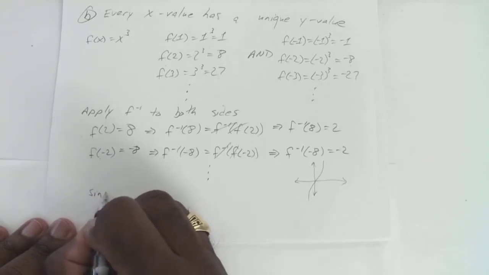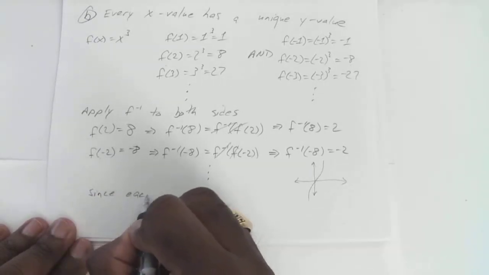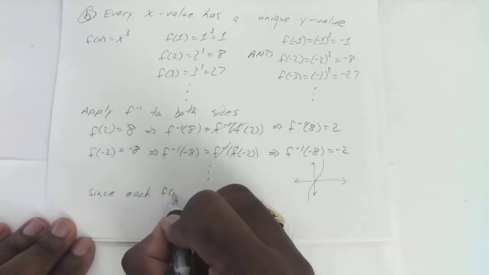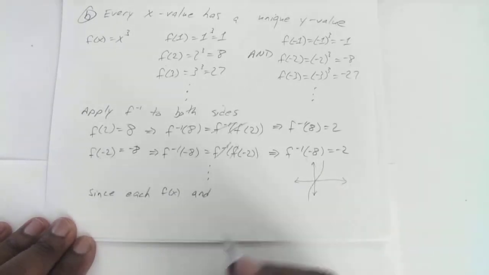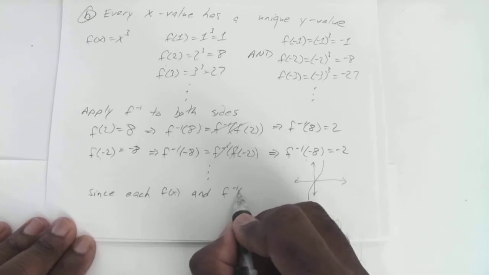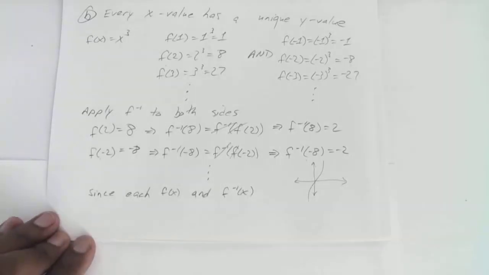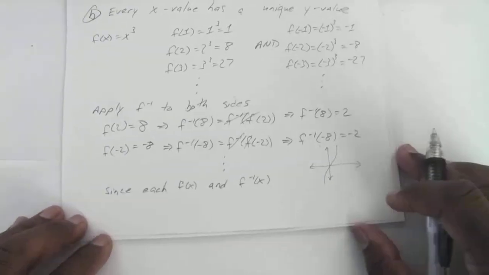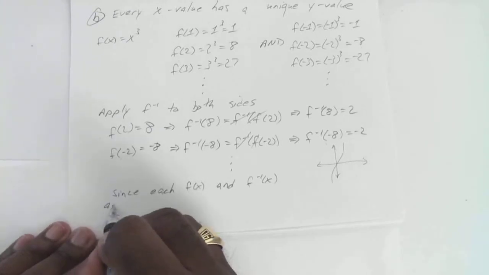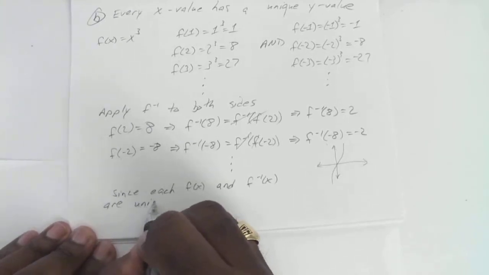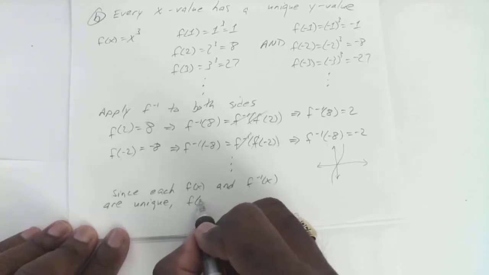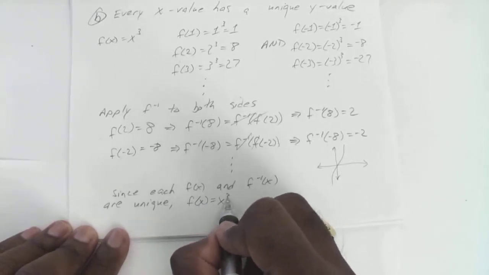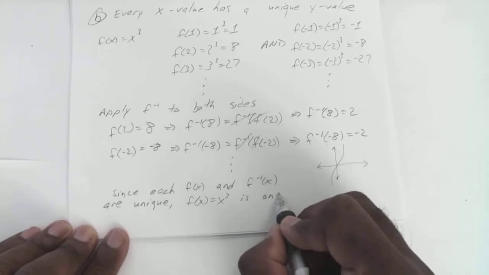Okay, so since we know each f of x and each inverse function are both unique, you don't have any that matches up to a different one, f of x equals x to the third is 1 to 1.